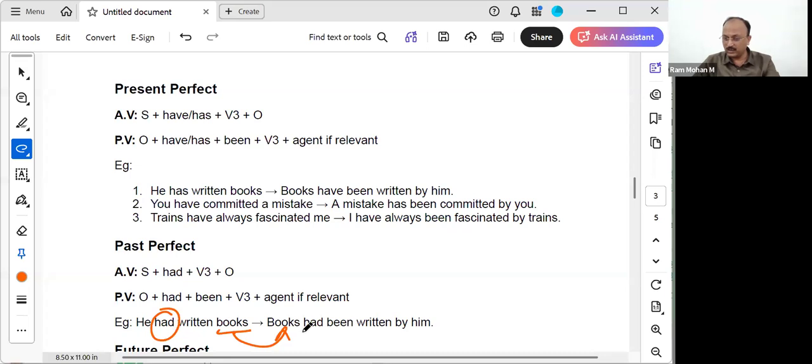Past perfect, so it also will be past perfect, will have had. The only thing is been will get added here, and written by him. He is there, therefore it will become him. Got it? Me means it became I, like that. He means it becomes him. That change in the pronoun you have to use appropriately.